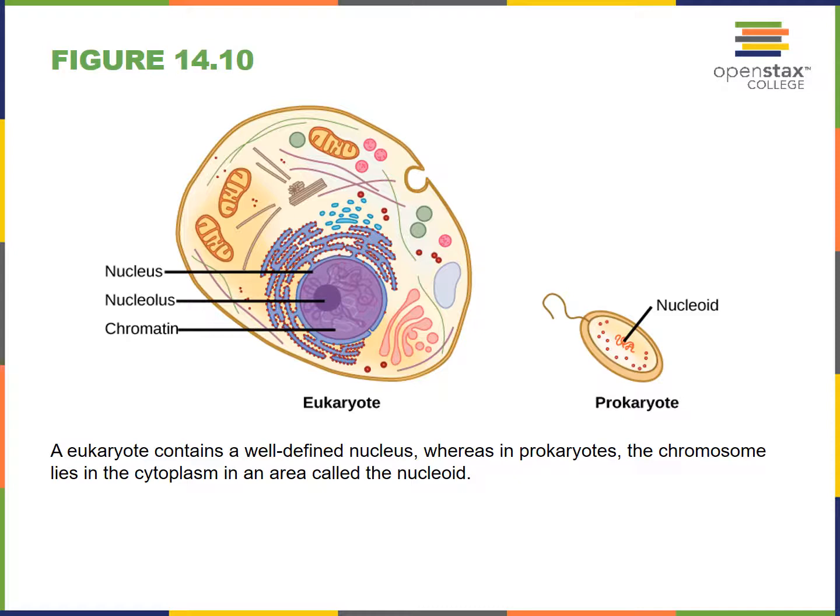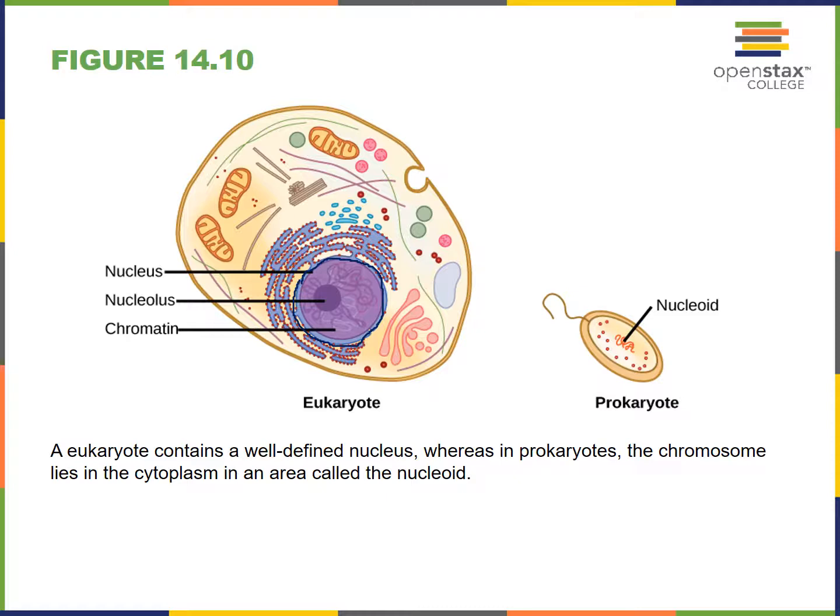So an important difference between eukaryotes and prokaryotes is that DNA replication, DNA synthesis in eukaryotes is compartmentalized. It's contained in the nucleus, away from where protein synthesis occurs.